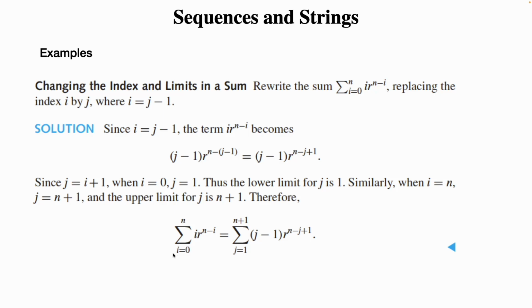So the summation of i equals 0 to n of i r to the n minus i is equivalent to the summation of j equals 1 to n plus 1 of (j minus 1) r to the n minus j plus 1. Because if I set j equal to 1 here, I get 0, right?